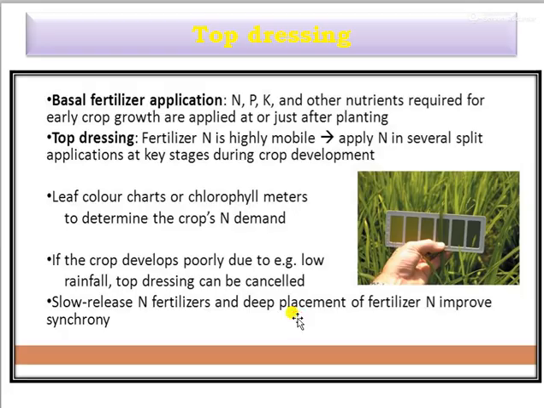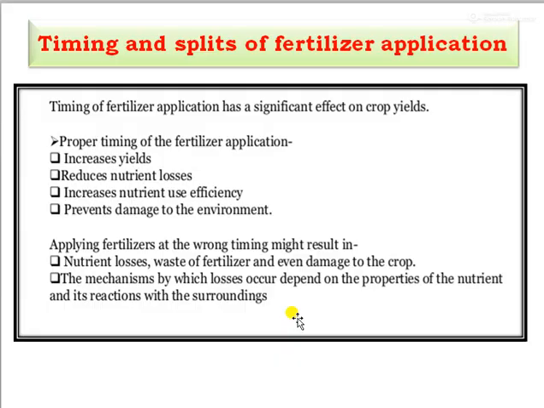Next one, the timing and splits of especially nitrogen fertilizer application. The timing of fertilizer application has significant effects on crop yield. Proper timing increases the yield, reduces nutrient losses, increases nutrient use efficiency and prevents damage to the environment.